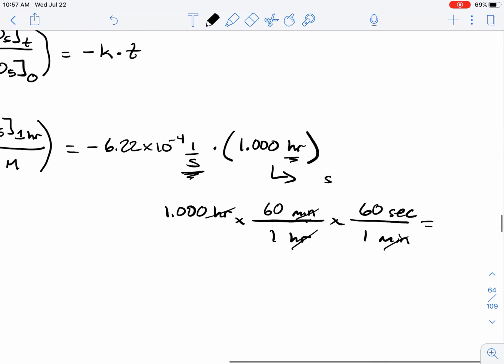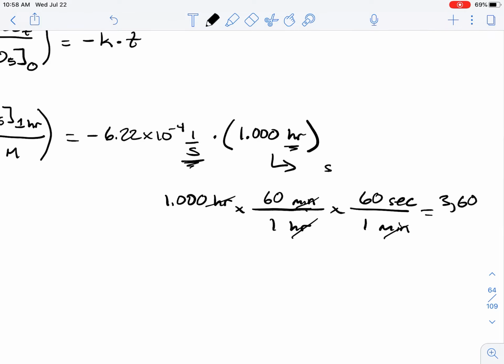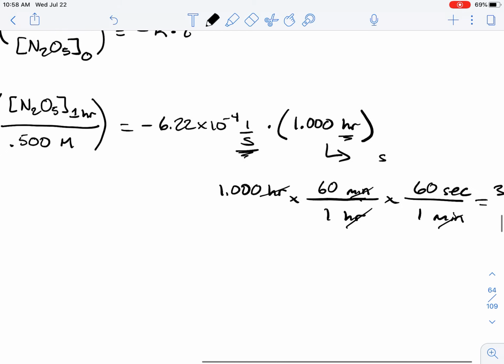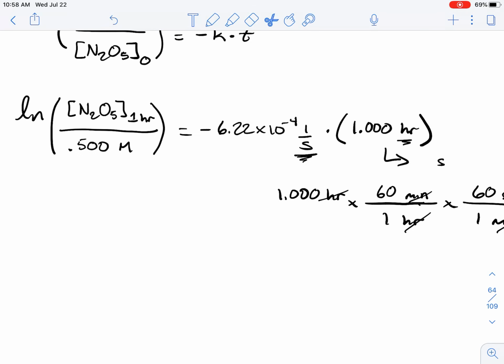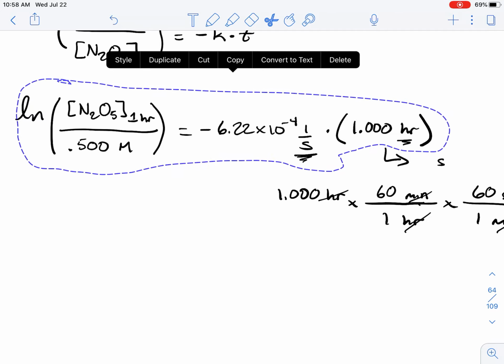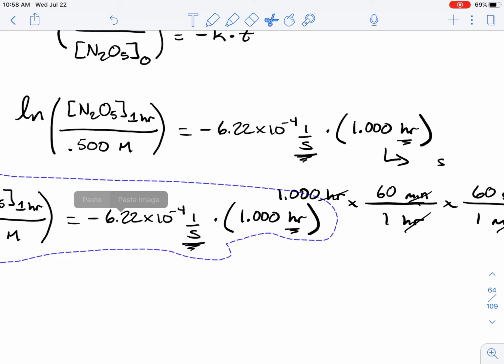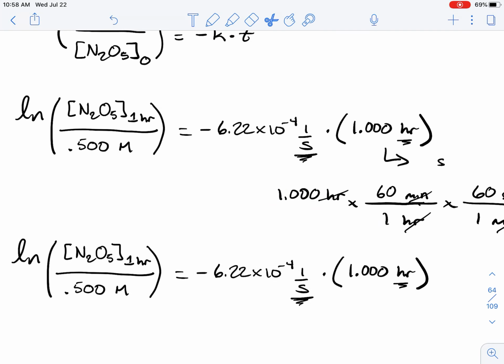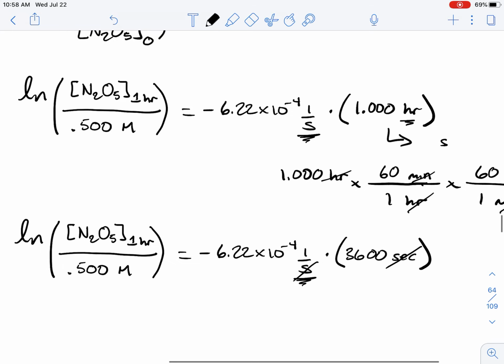And so overall, that's going to give me 3,600 seconds. So I'm going to go ahead and copy this whole thing. And I'm going to replace the hour with 3,600 seconds. And so now seconds will cancel.